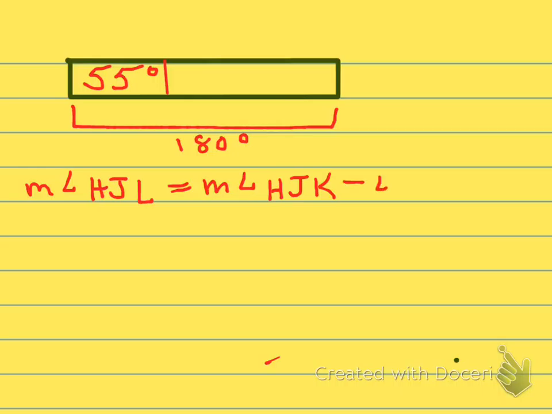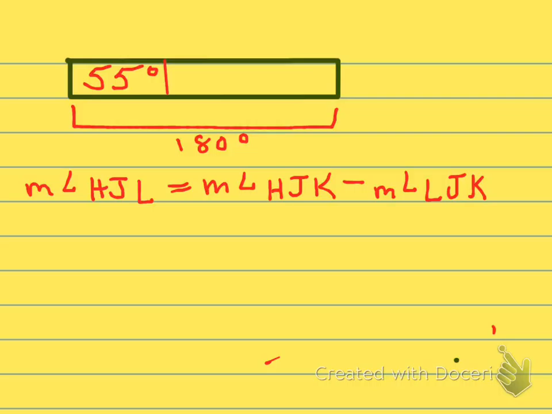minus the measurement, let me actually say measurement, the measurement of angle LJK. So let's go ahead and do the math now. I'm going to do the math in black. Okay?